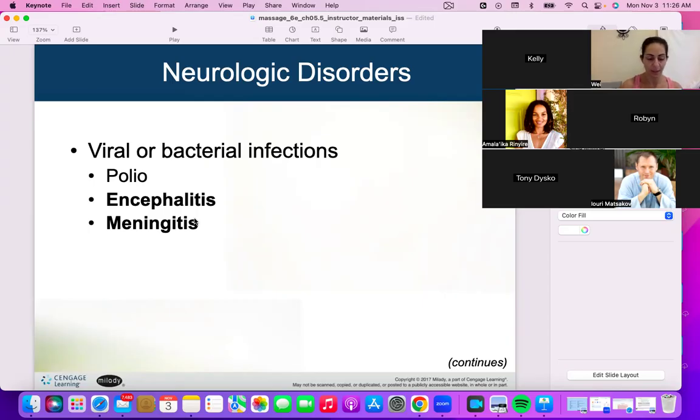Okay? So encephalitis sometimes spreads from an animal or a bird or mosquito bite, or from secondary infections like chickenpox. Headaches, fever, disorientation, it's quite debilitating, okay? Sometimes seizures for some people.